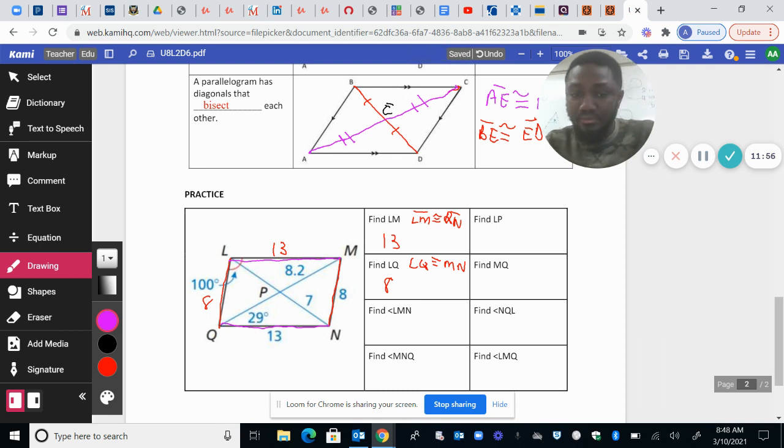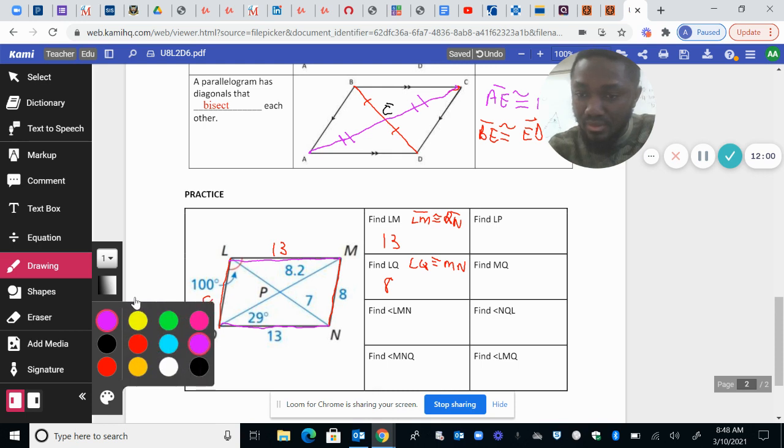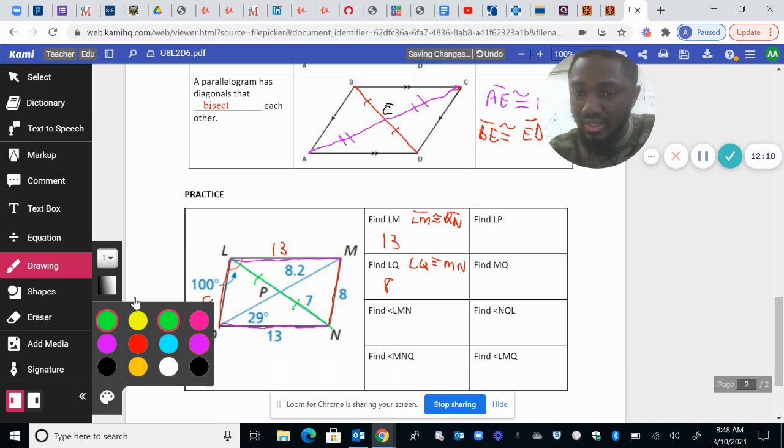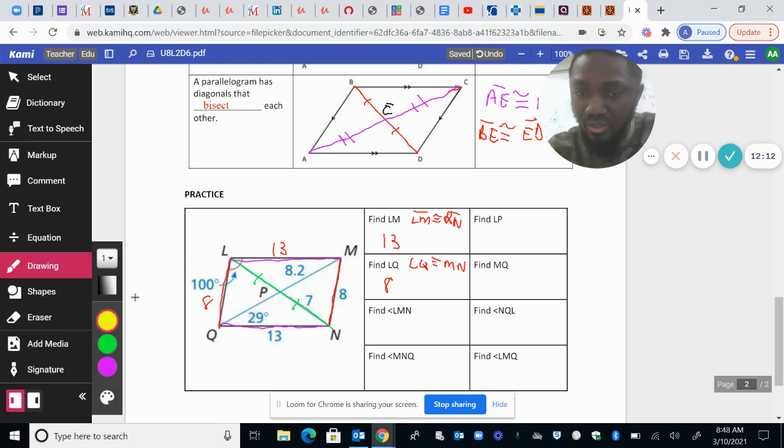What else again? Find LP. LP, I'm going to draw the diagonals. These are the diagonals. So it means this distance is the same as this. I'm going to draw the other diagonal in another color, maybe yellow. This distance is the same as this.